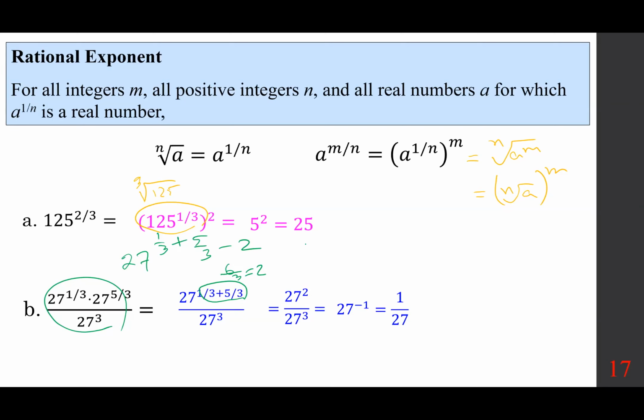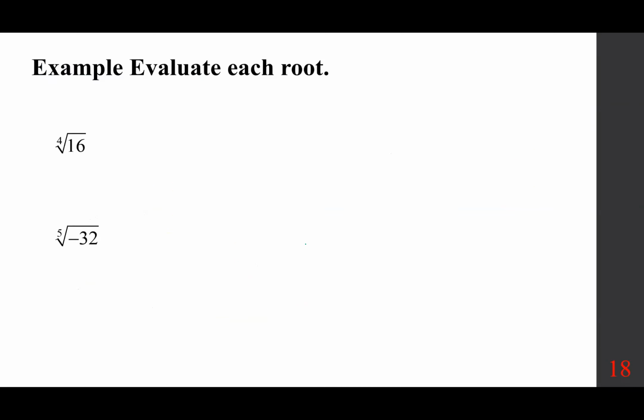So exponents. The fourth root of 16, you should know the answer is 2, of course. But if we look at it from a different point of view, from a rational exponent point of view, that means 16 to the power of 1/4. As you know, 16 is 2 to the power of 4. And now 4 times 1/4 makes it 1.